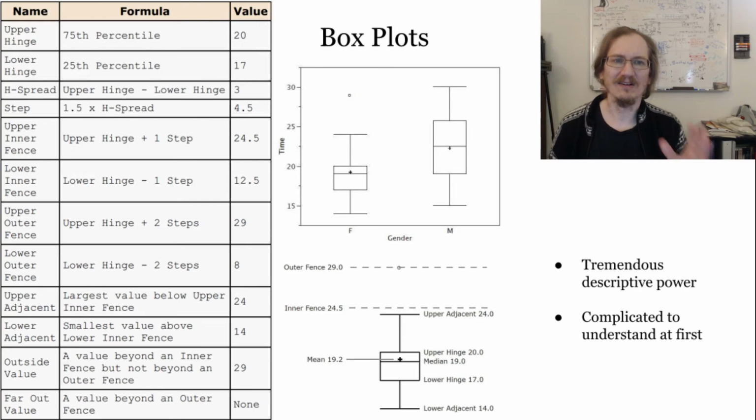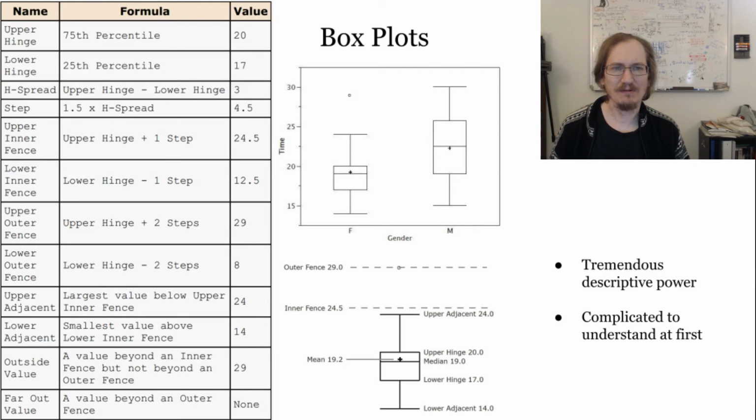So you can get a lot of information in these box plots. You're going to see these a lot in the literature. You want to check out and make sure that you understand what these various symbols in the box plot mean.